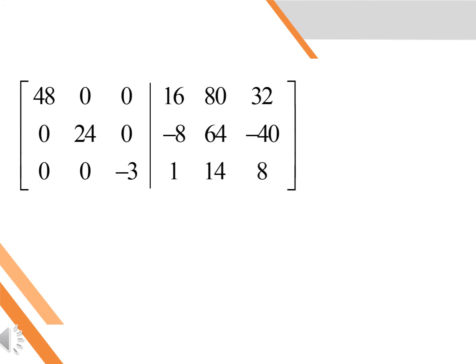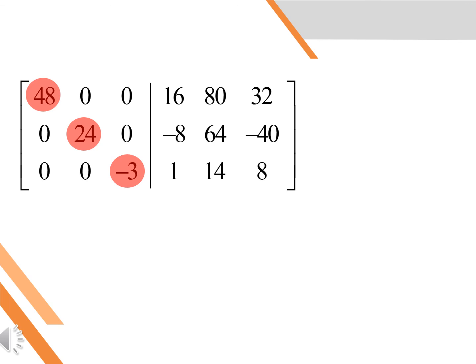Okay, next step is, this is a diagonal matrix with 0 everywhere. You only have values in the leading diagonal. So to change this diagonal matrix to an identity matrix, you have to replace the numbers on the diagonal with the number 1. What we need to do is, you only divide by its number.